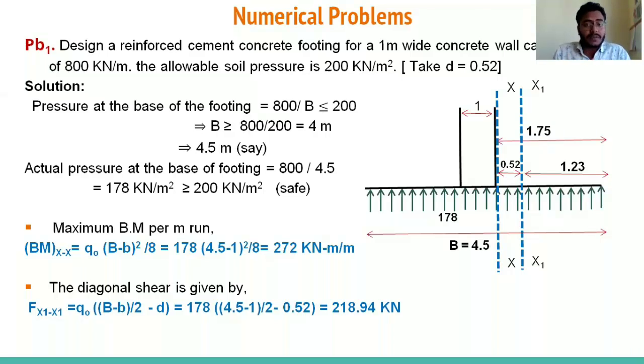But to be on the safer side we provided some extra width, so we calculated the actual pressure. That 178 kilonewton per meter square is the pressure at the base of the footing. It is not 200, which is the capacity of the soil, so it can resist up to 200 kilonewton per meter square. So the diagonal shear is 218.94 kilonewton.